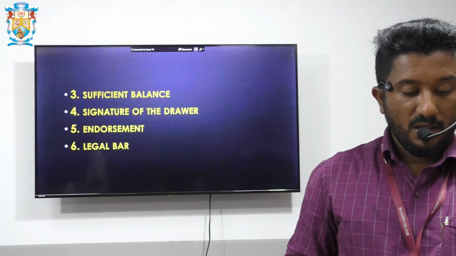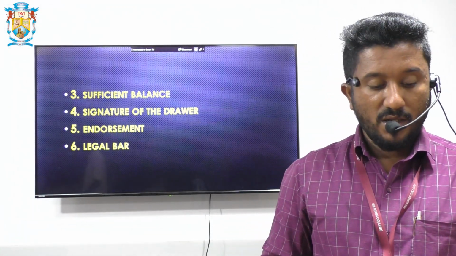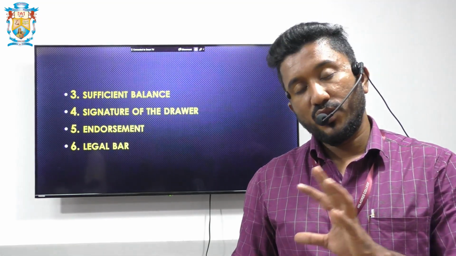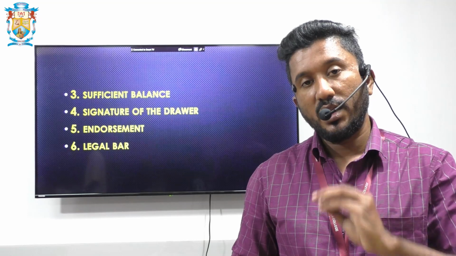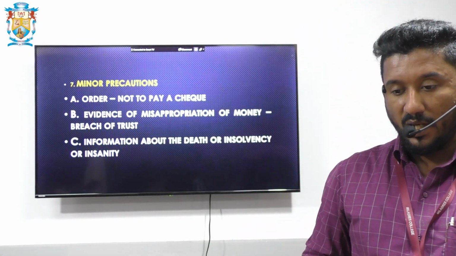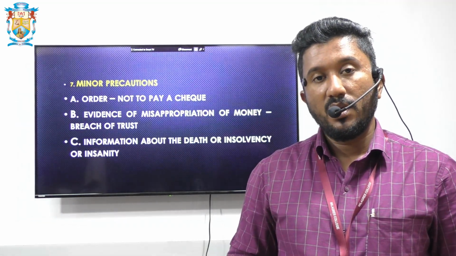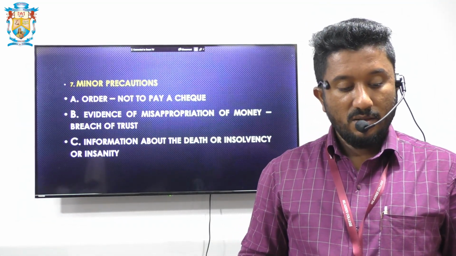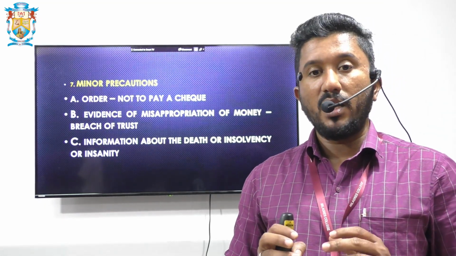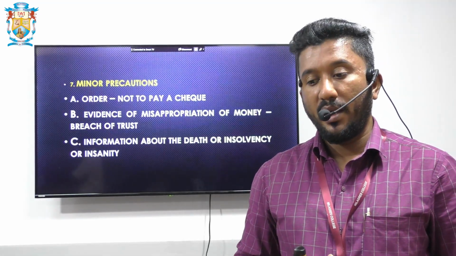Then legal part. Now, the existence of a legal part, like a garnishee order, limits the duty of the banker to pay the check. So here also the banker has to check the garnishee order, otherwise they will be liable. Next, minor precautions. Here the banker must see whether there is any order of the customer not to pay a check.